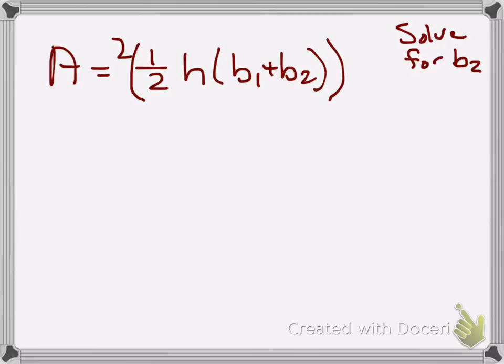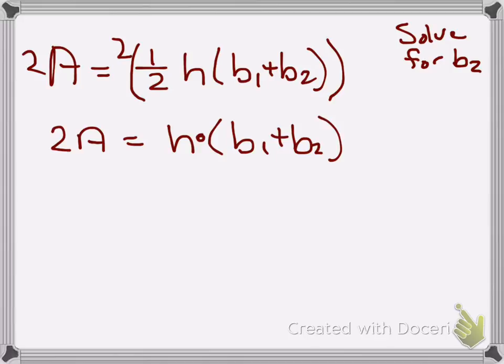We want to get rid of the 1/2, that's dividing by 2, so we can multiply both sides by 2. That leaves me with 2A, 2 times the area, is equal to the height times b1 plus b2 in parentheses. Notice I'm not trying to distribute anything, I'm just trying to undo. So the opposite of multiplying by h is to divide by h.